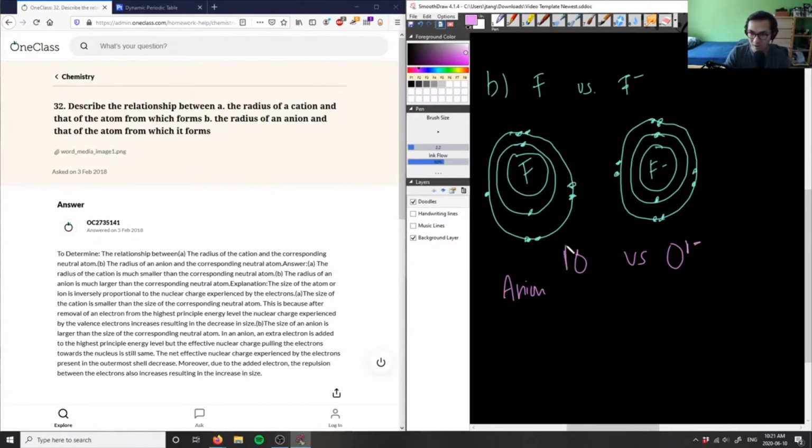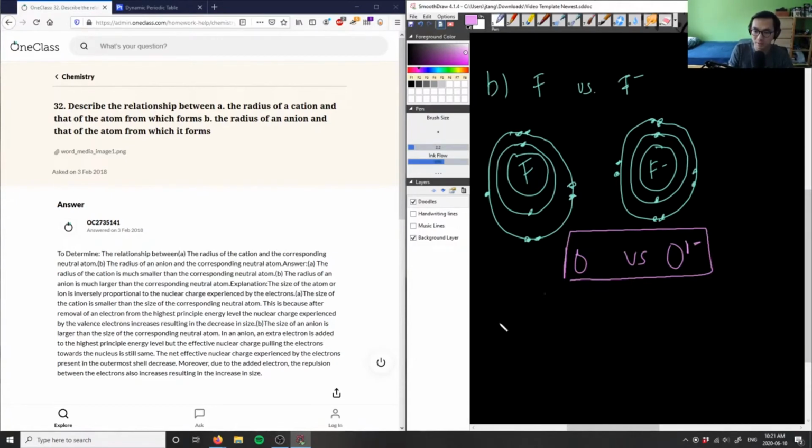But typically, anions like oxygen and O 1 minus, for example, are going to be bigger. So I'm going to say typically. Let me rephrase this. That means I didn't do the greatest example with fluorine. I should have picked another non-metal here. That's okay.